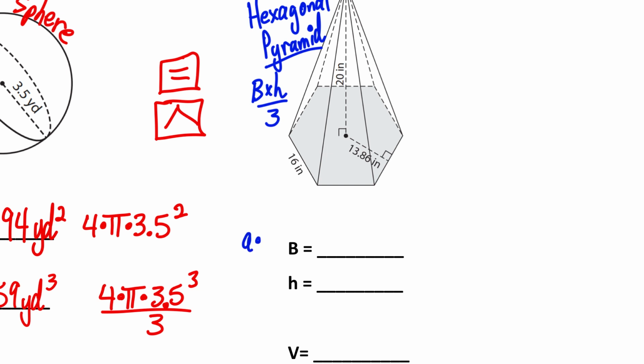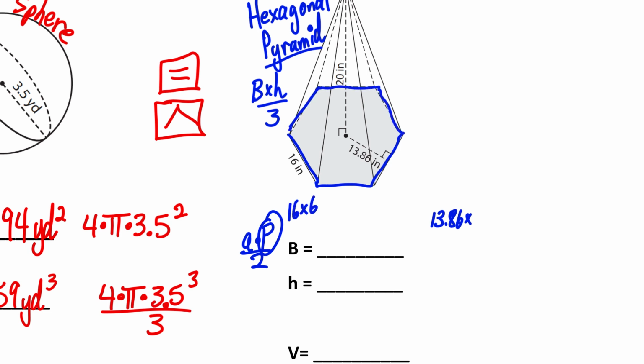So again, on this one, I'm going to do apothem times perimeter divided by 2. So how long is the apothem of the base? 13.86. Good. Now the perimeter is going to be 16 plus 16 plus 16 plus 16 plus 16 plus 16.